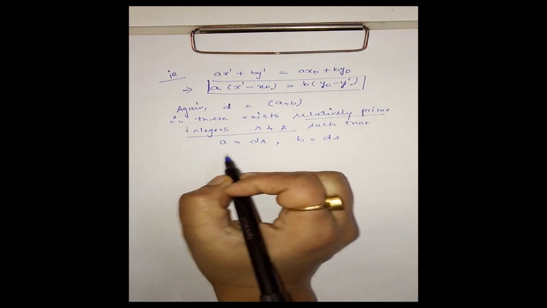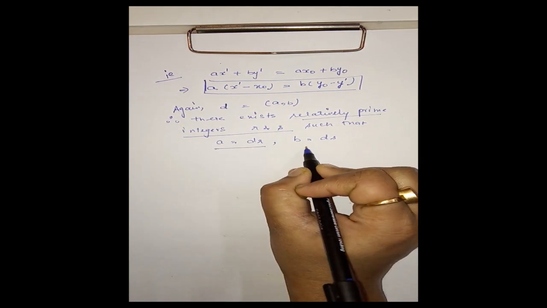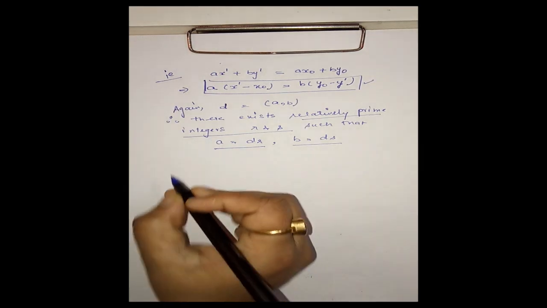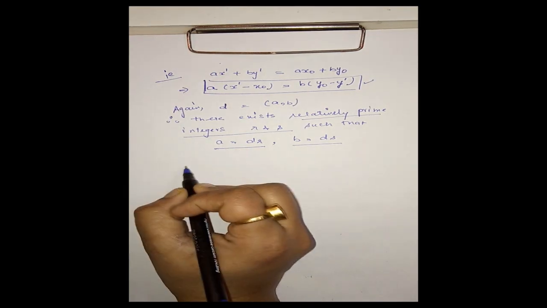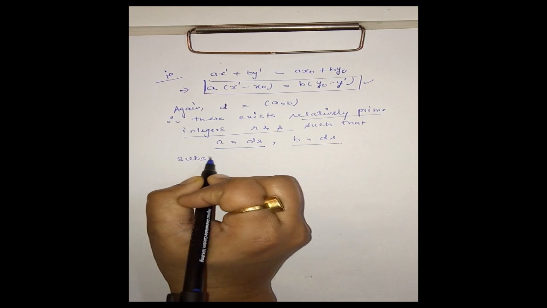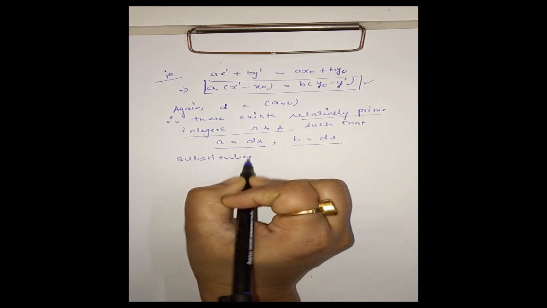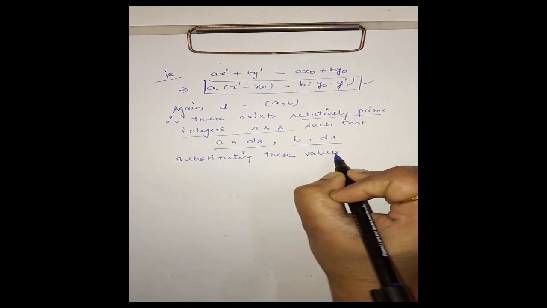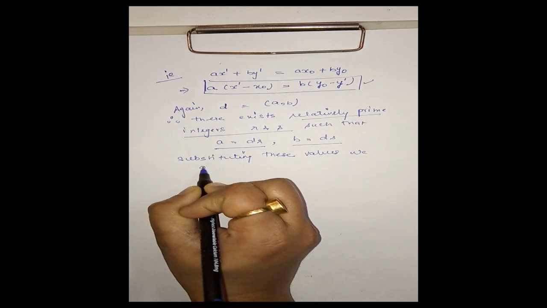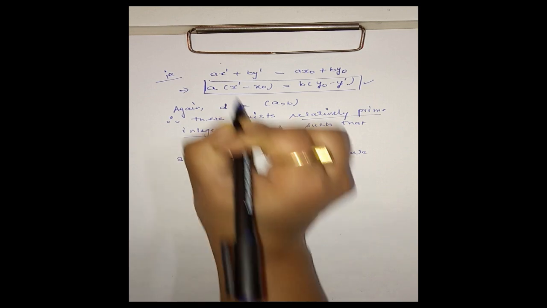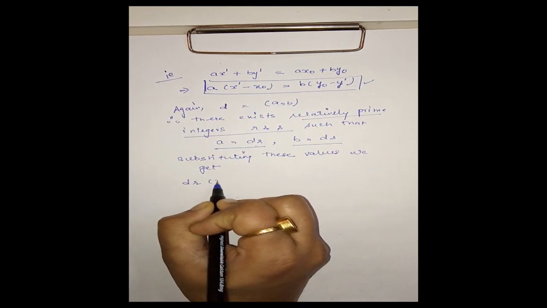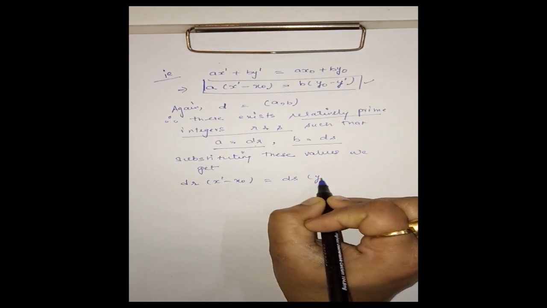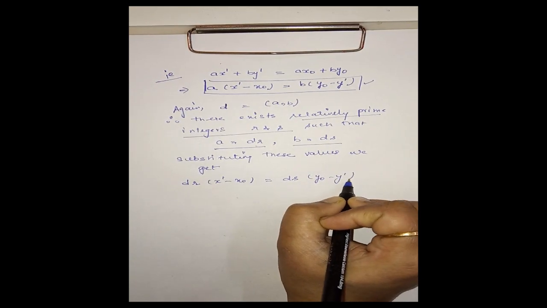Okay, now substituting these values of a and b in this equation, we get dr into x dash minus x naught is equal to ds into y naught minus y dash. I can write like this.